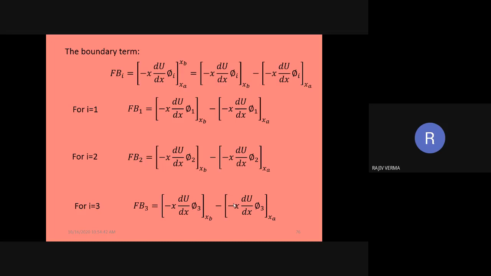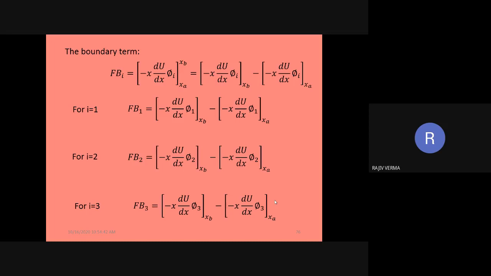Coming back to the discussion, since we know the value of x multiplied by du by dx at x is equal to xb, and since phi 1 is also known to us, we can very well evaluate the first term in the brackets.